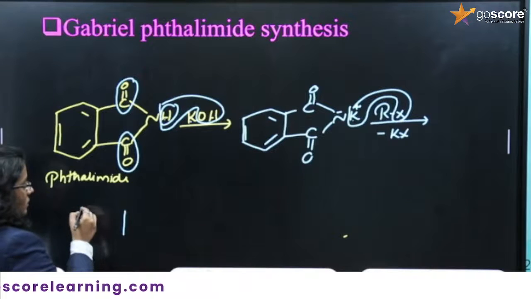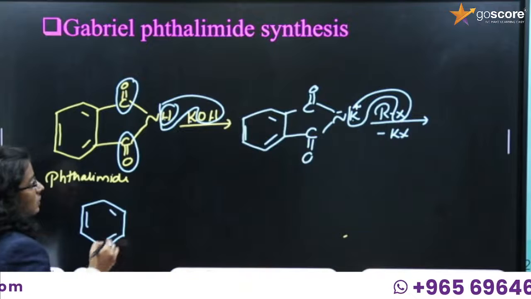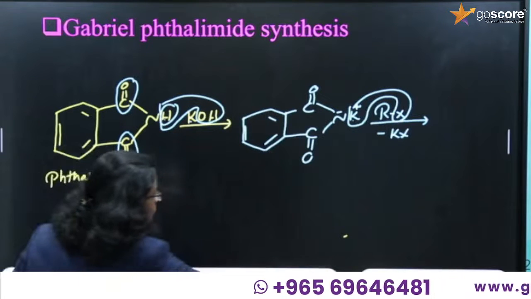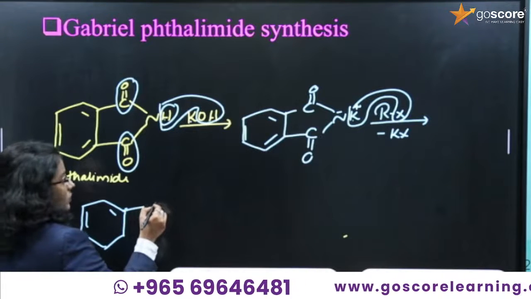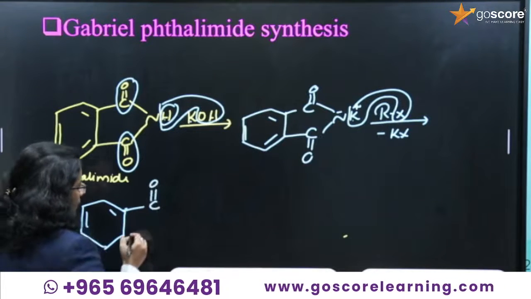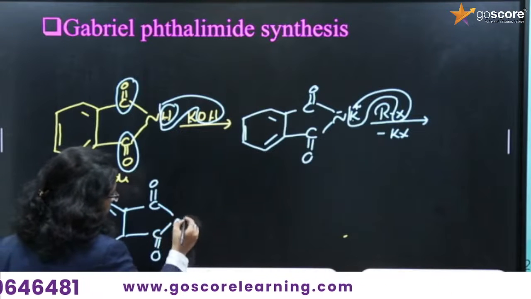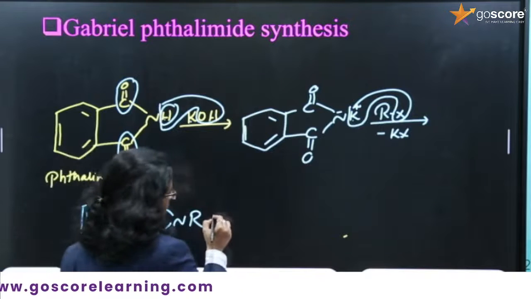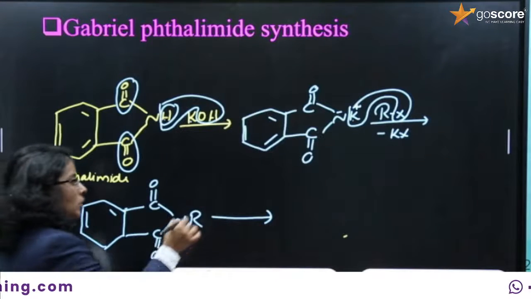So you will get N-alkyl phthalimide. This N-alkyl phthalimide on reacting with NaOH.